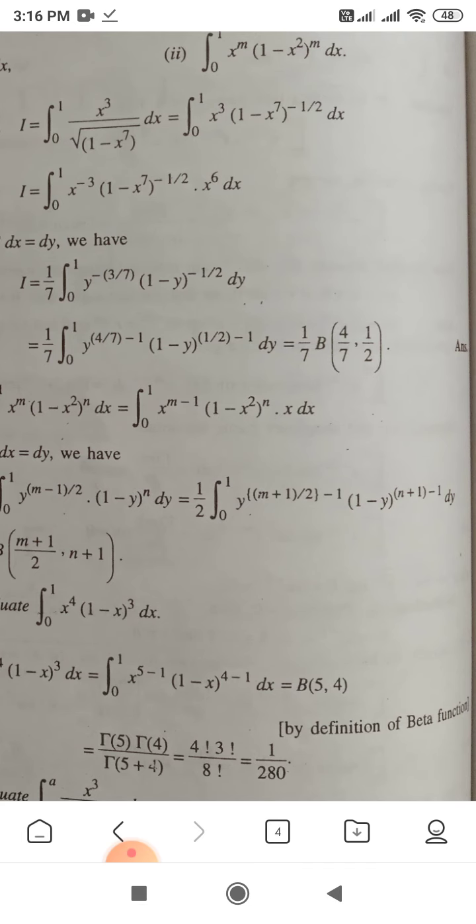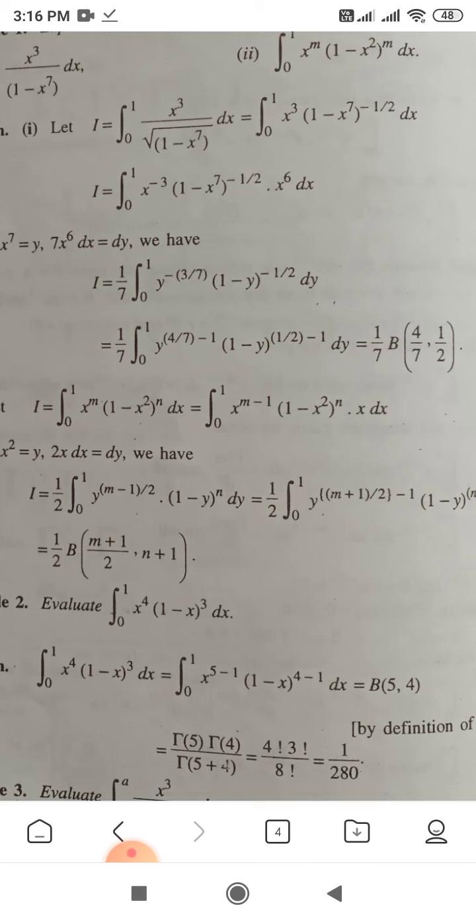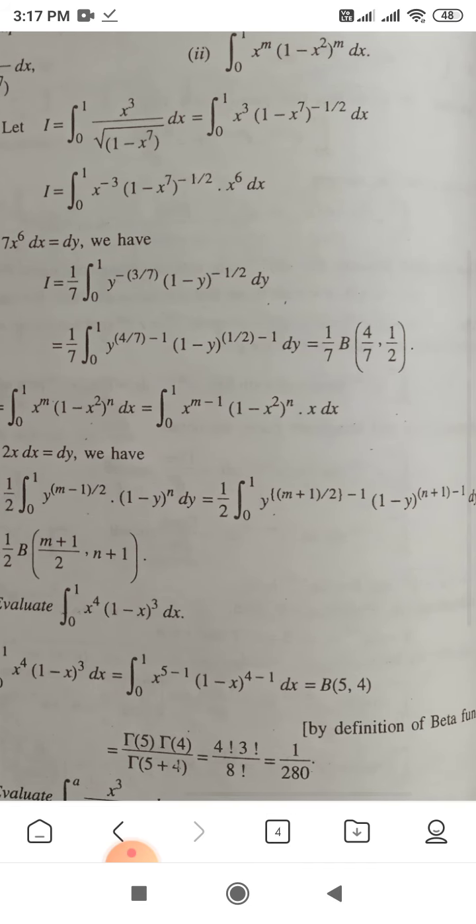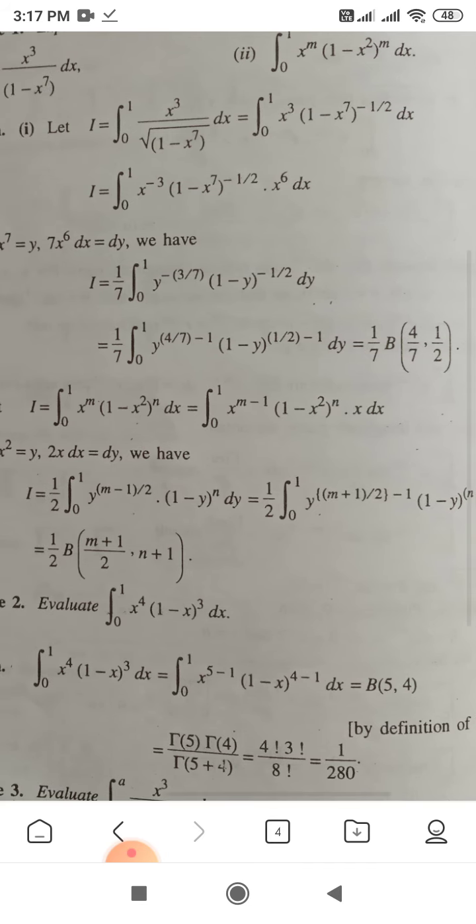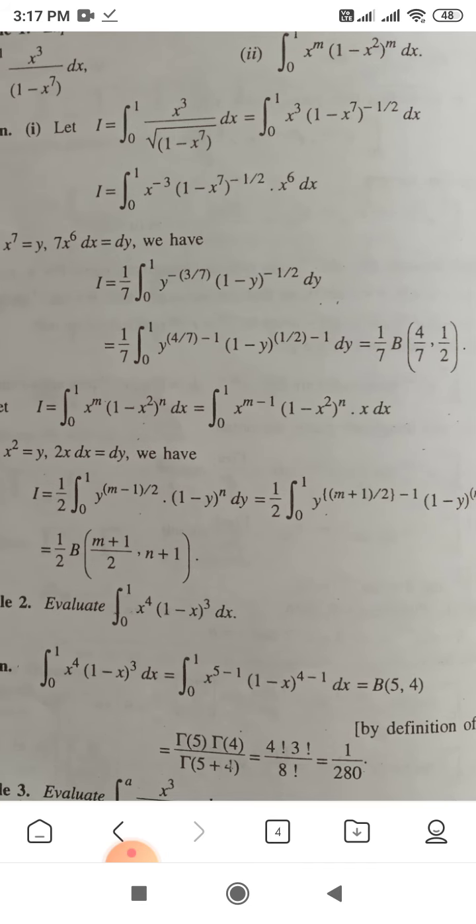So comparing this formula, we get at the place of m, m plus 1 by 2, and at the place of n it gives n plus 1. So the formula is 1 by 2 beta m plus 1 by 2 comma n plus 1. This is the value of this problem.